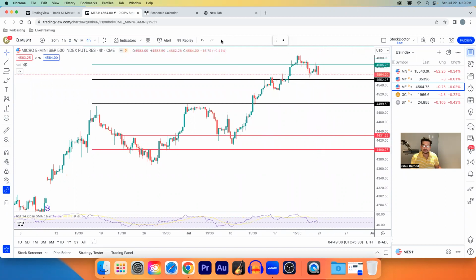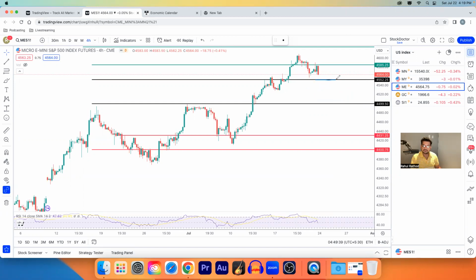Currently, it has a strong support between 4550 and 4500. This is an important support area. It might come and travel in this area, and then it will decide further whether it wants to go up or go down, right? So we need to watch those levels.